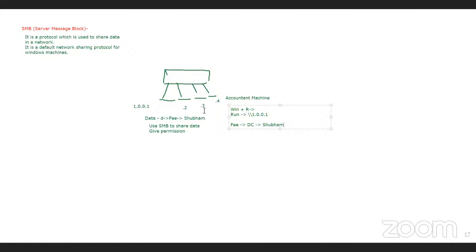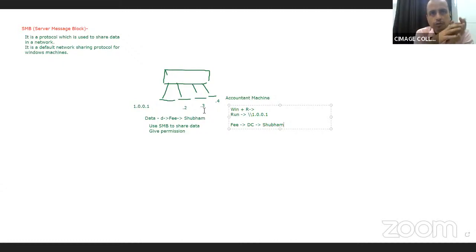Sir, so the protocol should be unique for each operating system, shouldn't it? The SMB protocol is used for Windows. What I have told, I will discuss. Because SMB can also be configured on a Linux machine, but for this configuration the protocol name is Samba.